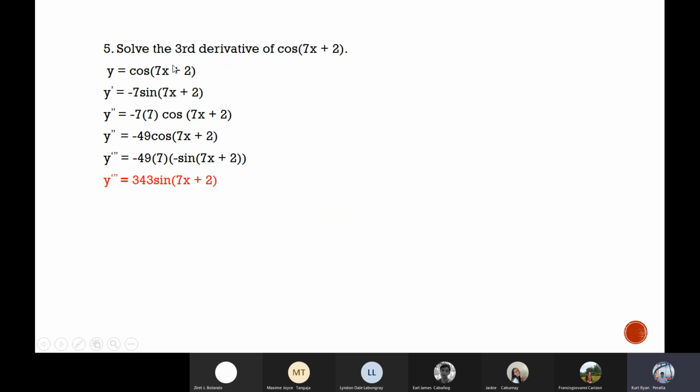Then the derivative of cosine, using the chain rule again as we did earlier: the derivative of 7x is 7, which we take out. Then the derivative of cosine is a negative sign. So negative 7 sine 7x plus 2. So that's the first derivative.